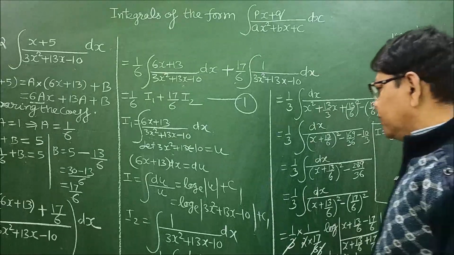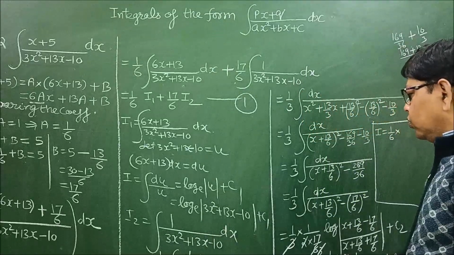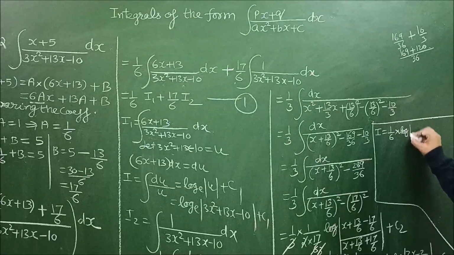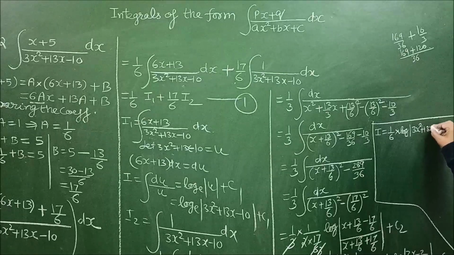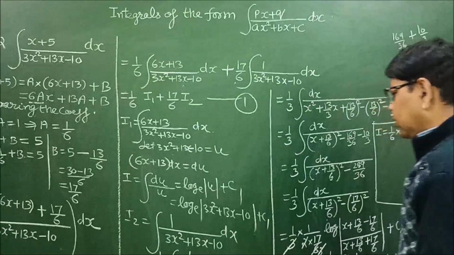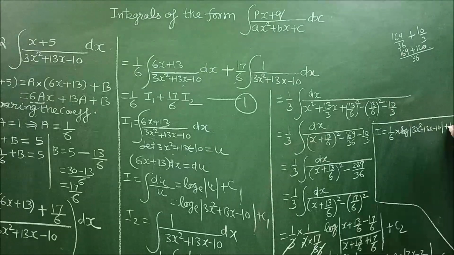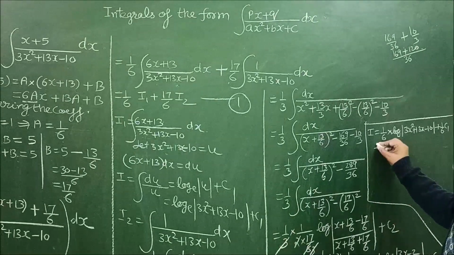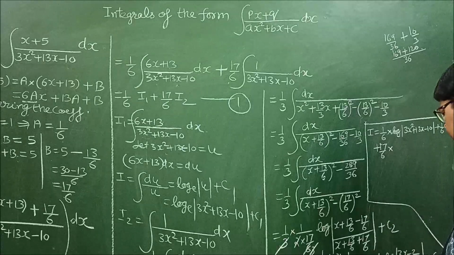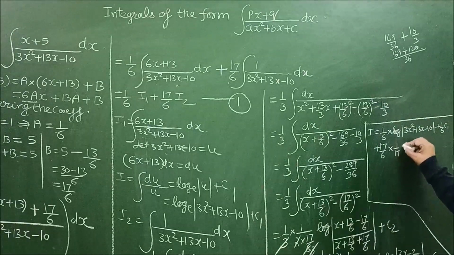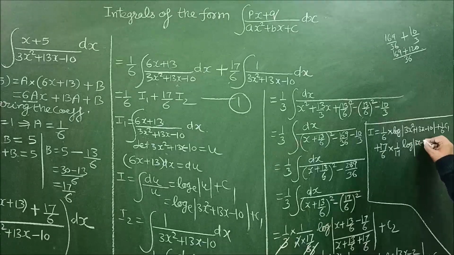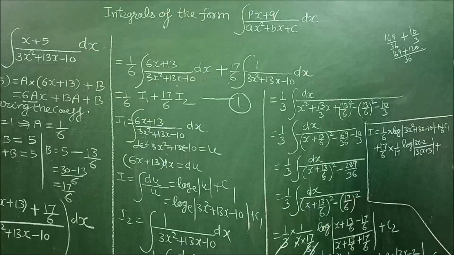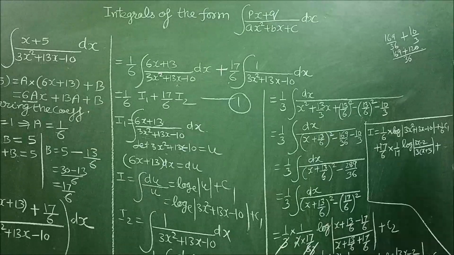I1 we have calculated, it is equal to log of 3x² + 13x − 10, plus 1 by 6 c1, plus the value of 17 upon 6 into the value of the other integral, which is 1 upon 17 log of (3x − 2) upon 3(x + 5), plus 17 by 6 c2.